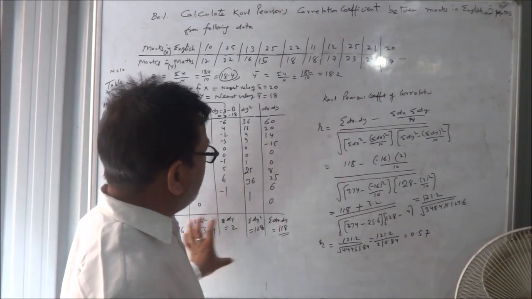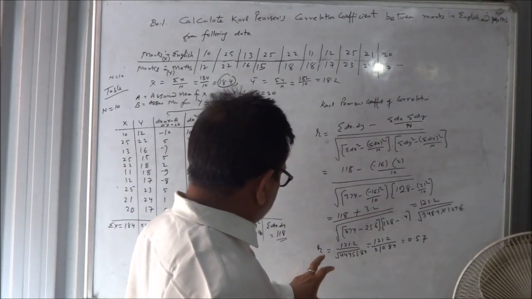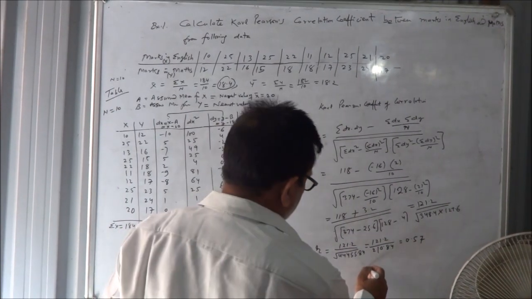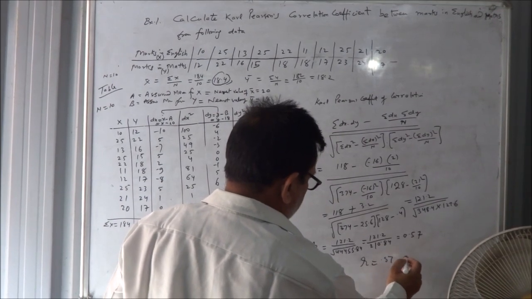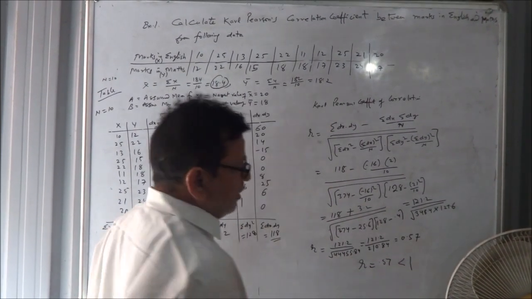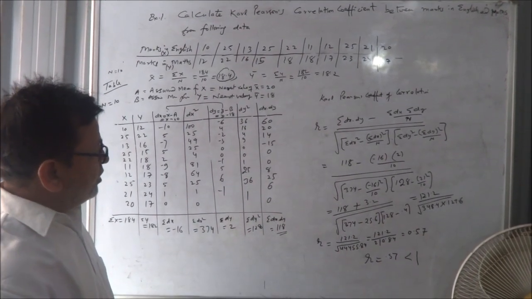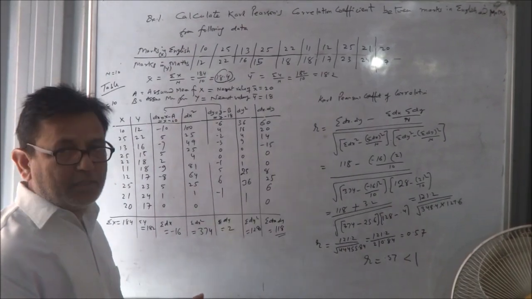I have put all these values over here. Ultimately, after calculating, I have got r equal to 0.57. So this coefficient of correlation is 0.57, which is less than 1. This is the Karl Pearson coefficient of correlation between the marks in English and the marks in mathematics.